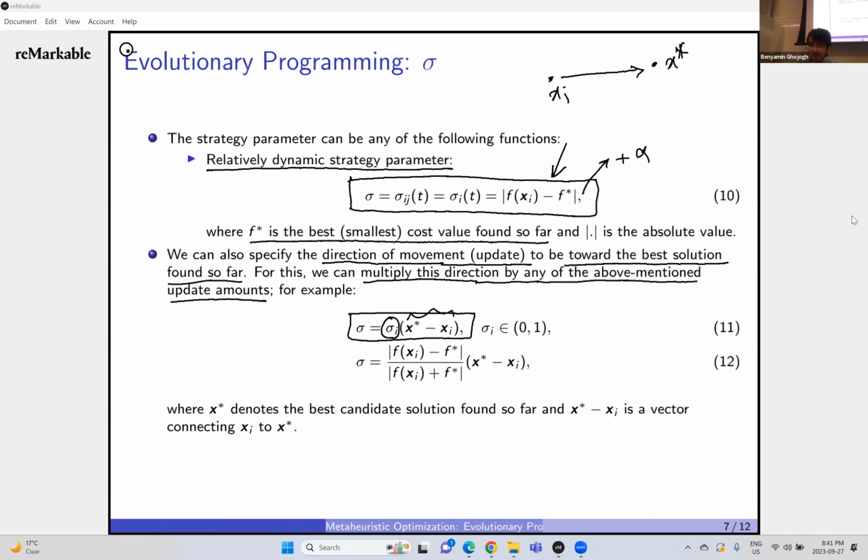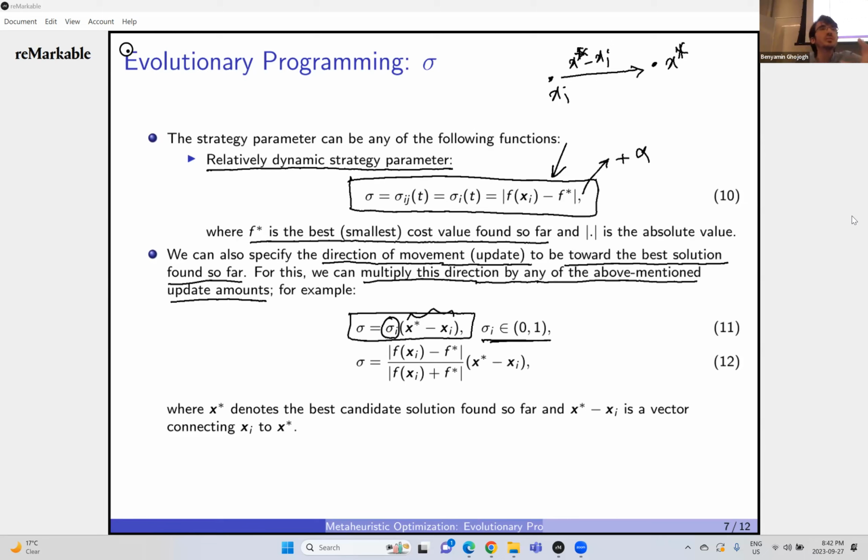And we know that x star minus xi is this vector. Now I can multiply this with various sigmas that I had in the previous options. For example, I can say sigma is some scalar between 0 and 1 times this vector.